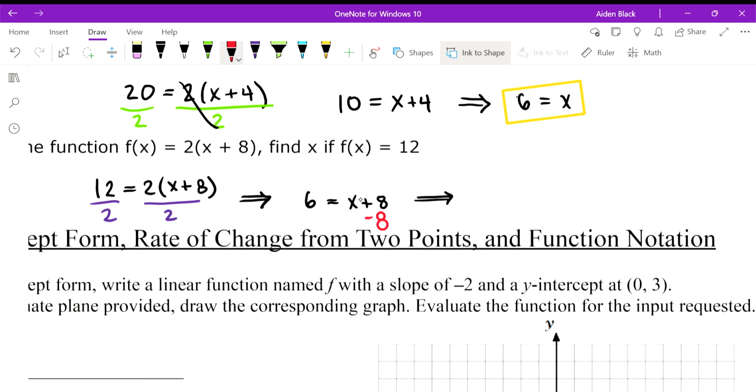Subtract 8 from both sides. And we end up with negative 2 is equal to x. If you want to write it like this, it's the same thing. However you want to write it.